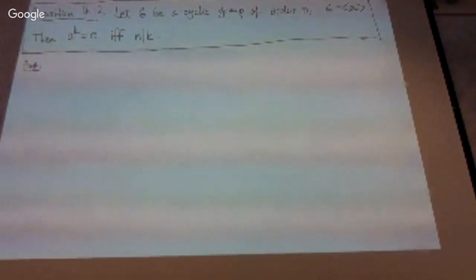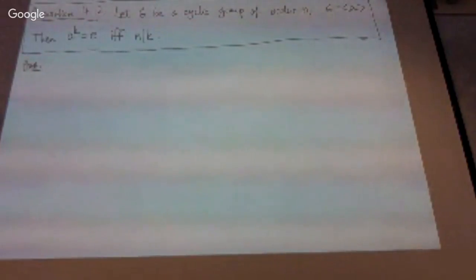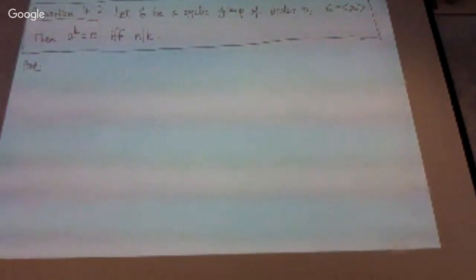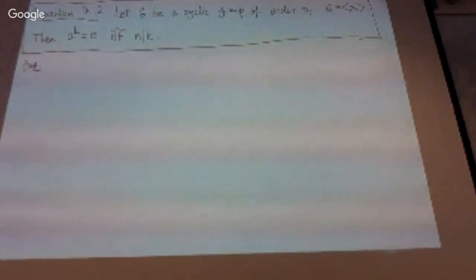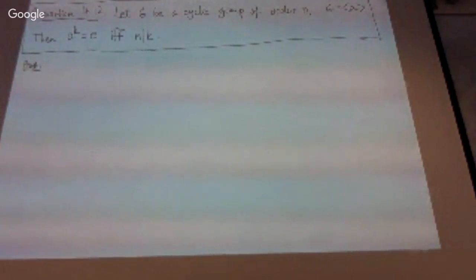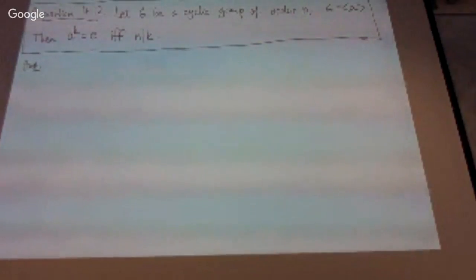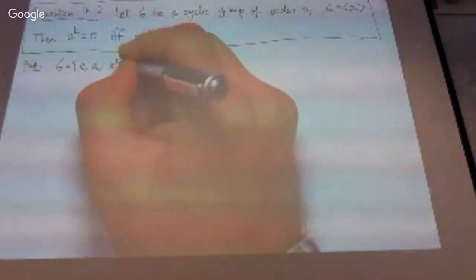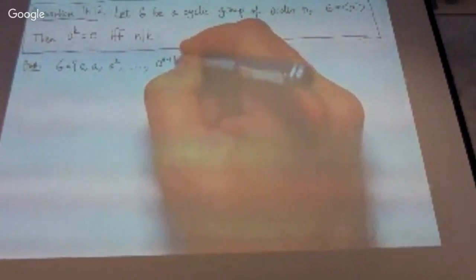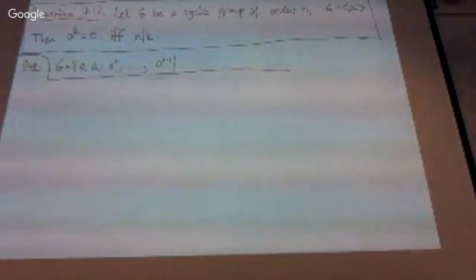So what is this saying? What are the elements of G? The identity, a squared, up to a to the n minus 1. This is not part of the proof, this is like an illustration. The proof only starts later.